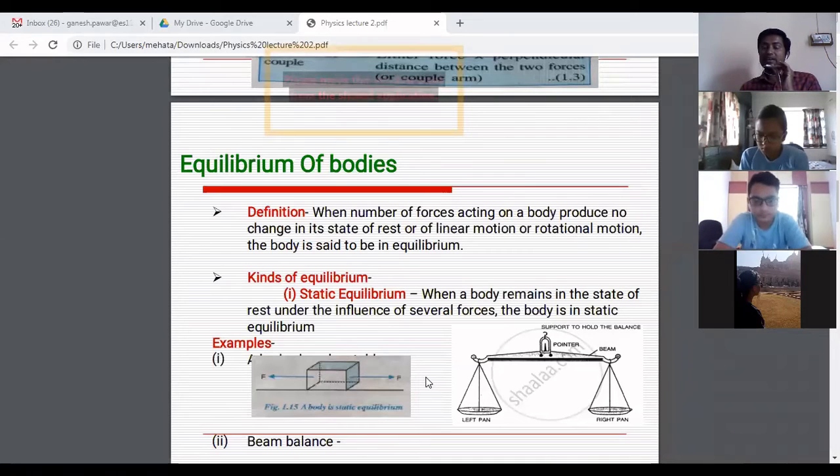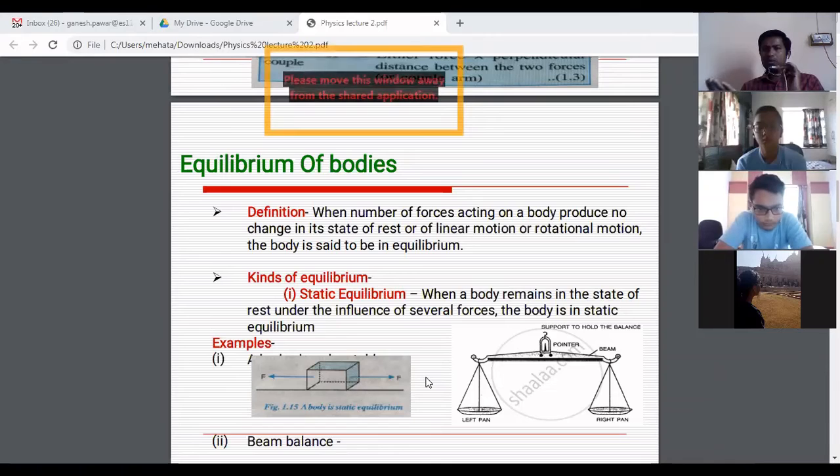The second example given in the textbook is a book lying on a table. When you place a book on a table, two forces are acting on that book. One force is exerted by the book on the table, that is action. At the same time, the table also exerts a force on the book, that is the force of reaction.